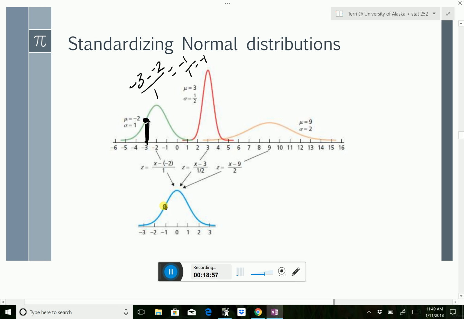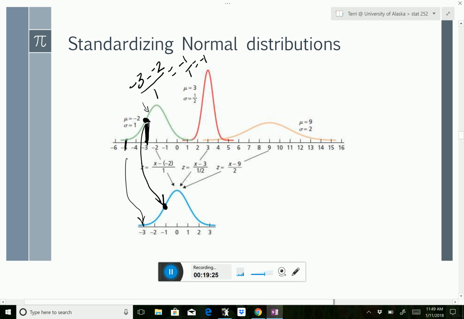That's going to correspond to this point on the standard normal, which makes sense because all we did in this green one is just took the standard normal distribution and moved it to the left 2 spaces. So we can see that -3 becomes -1, the -5 becomes -3, everything just got moved over.